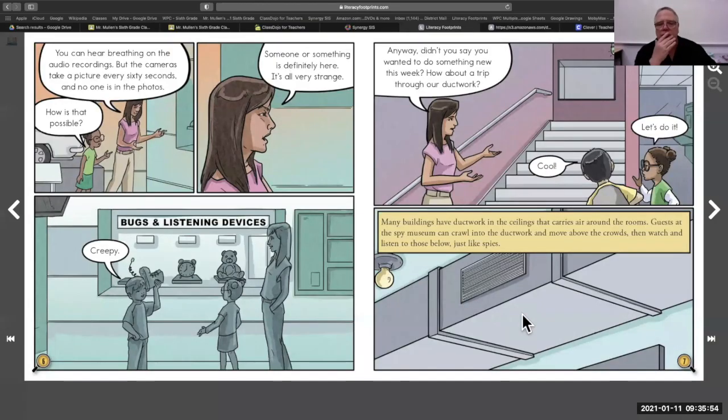So, why do you think, okay, so it's an inferential question. Why do you think Ms. Keel is asking them if they want to climb or to go through the ductwork?